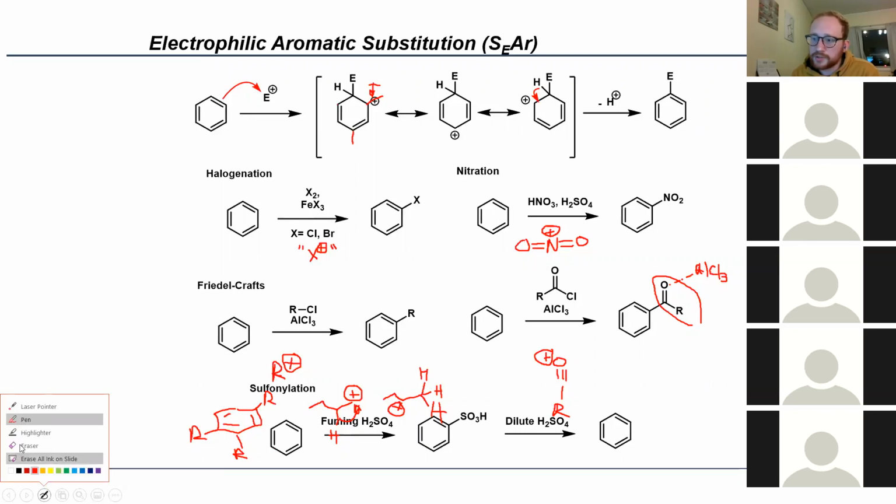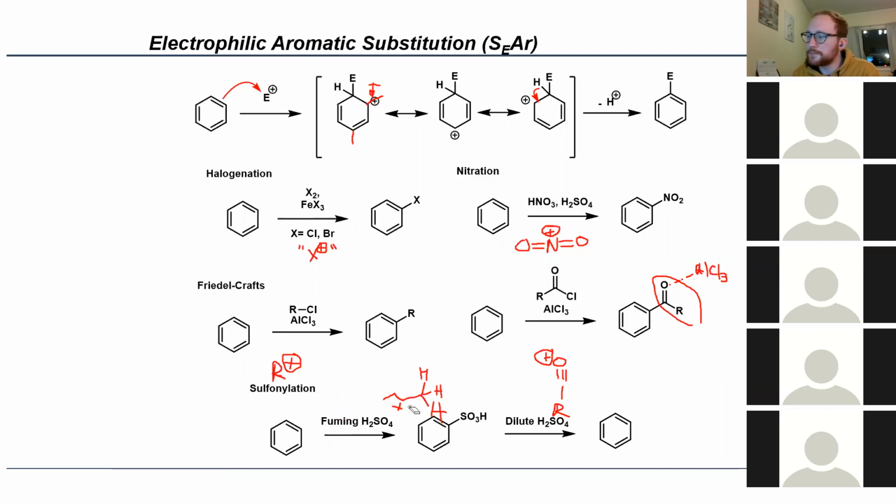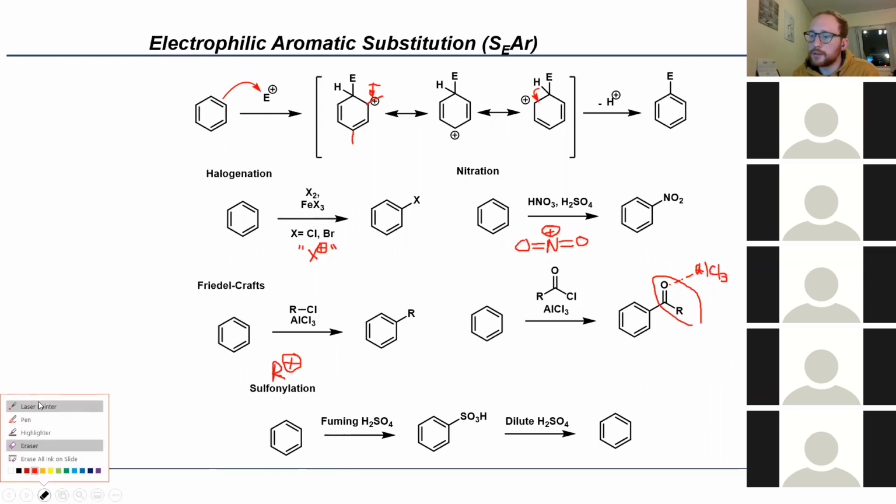One more reaction that I'm going to talk about today is the sulfonylation reaction. This uses fuming sulfuric acid, and it is a very useful reaction for us because it's reversible.